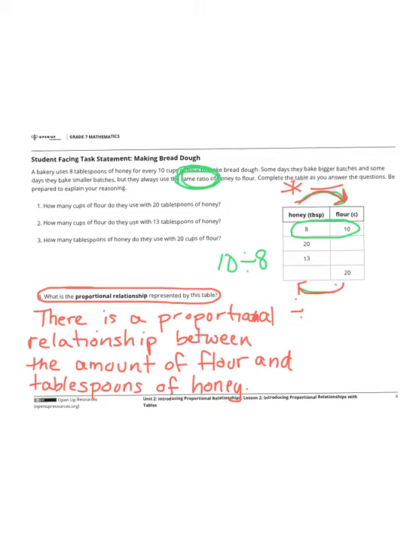We could say there's a proportional relationship between the amount of honey and the number of cups of flour. We could say this table represents a proportional relationship between flour and honey used in the recipe. There's a lot of different ways to word that, but we want to be able to use that phrase, there is a proportional relationship. It just means that those 2 things are related through a common ratio.